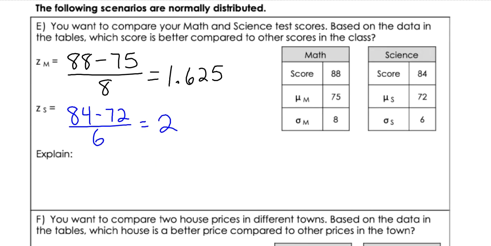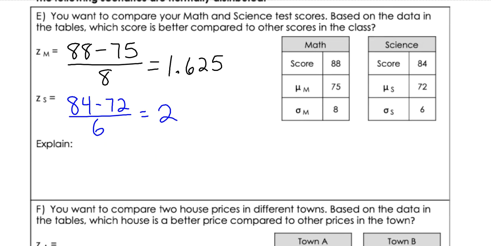So let's talk about how we might compare those. In math, you're 1.625 standard deviations above the mean. In science, you're 2 standard deviations above the mean. So what that means is that your science score is better.